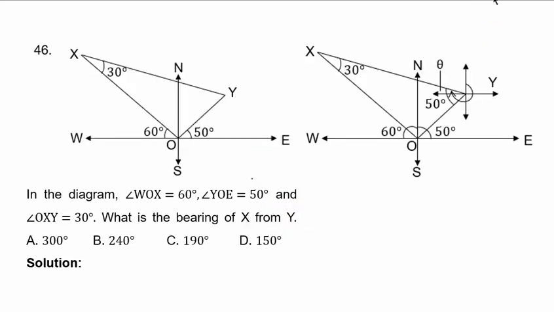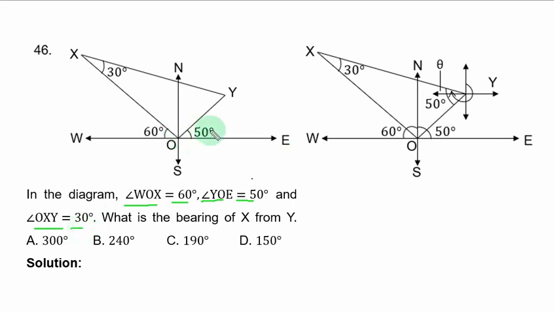Question 46. In the diagram, angle WOS equal to 60 degrees. Angle YOE equal to 50 degrees. And angle OSY equal to 30 degrees. What is the bearing of S from Y?